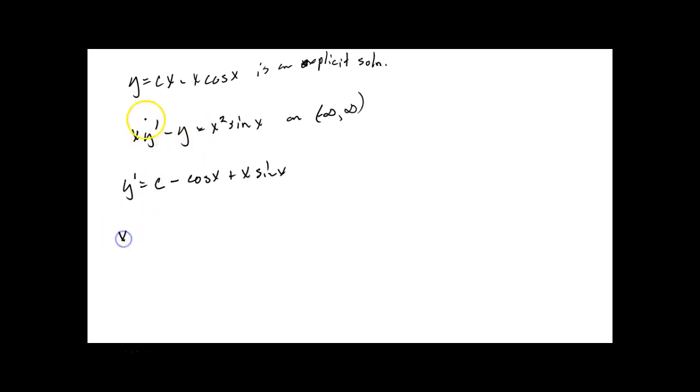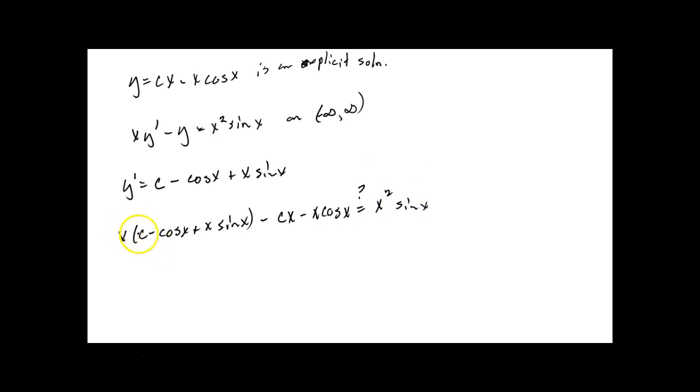So x times this y prime, which will be c minus cosine x plus x sine x, minus y, where y is cx minus x cosine x. That should be equal to, we're asking ourselves whether it is, x squared sine x.